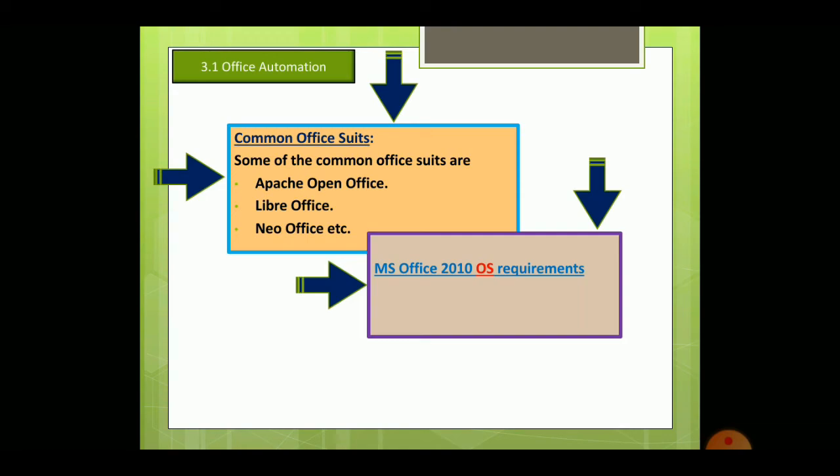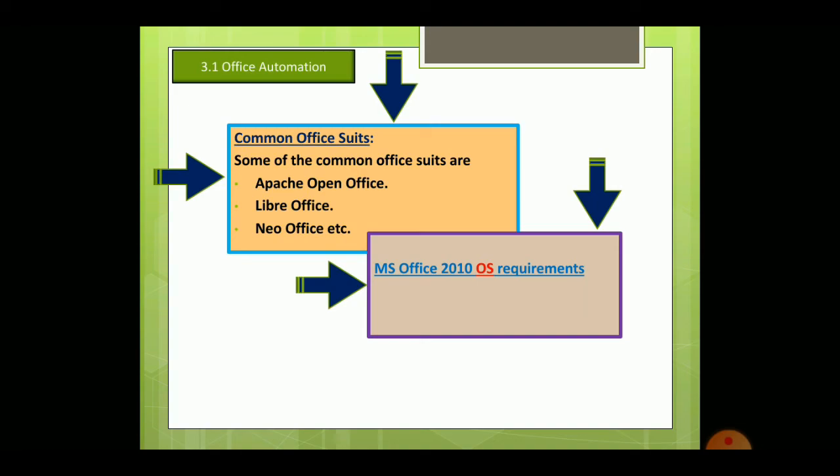So MS Office, I hope you are all familiar with it because you have studied MS Word, Excel, and PowerPoint in your previous classes. MS Office Suite basically comprises different kinds of software packages like MS Word, MS Excel, MS Access, MS PowerPoint, Outlook, and many more.